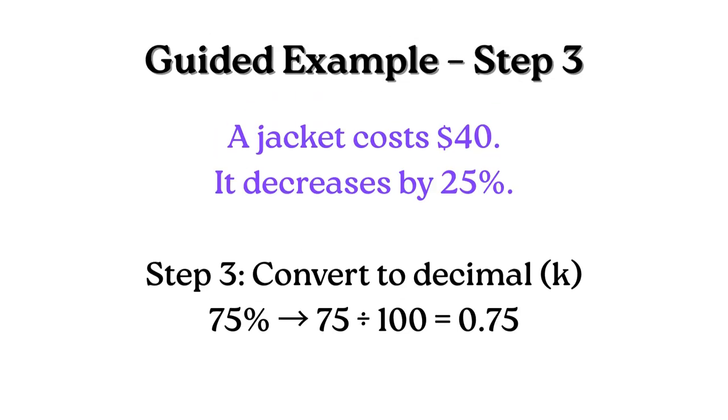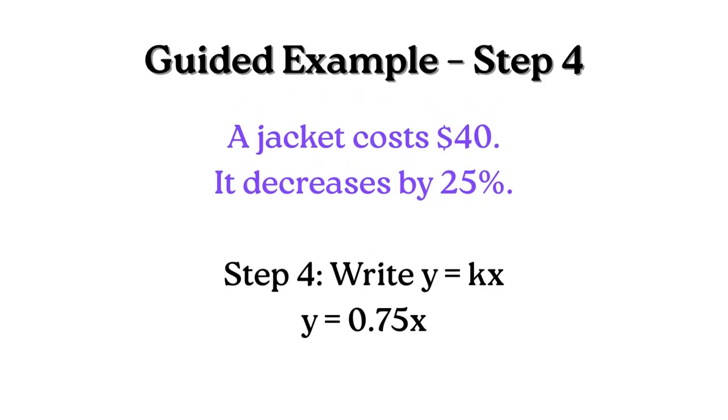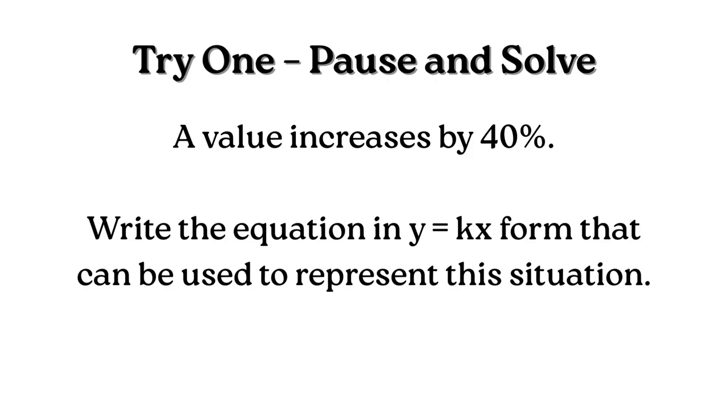Next, we find k. 75% divided by 100 gives us 0.75, which is our multiplier. Finally, we write the equation. Y equals kx becomes y equals 0.75x.